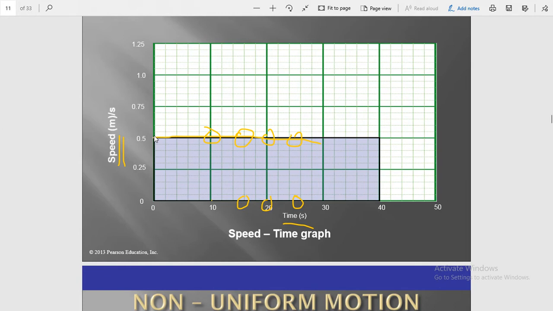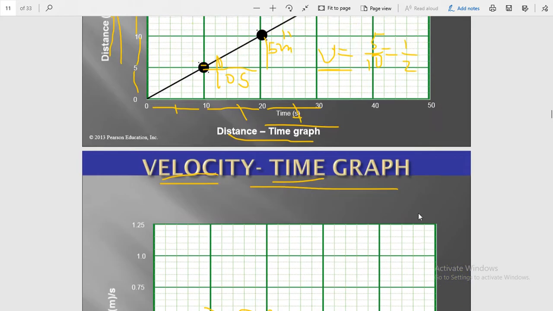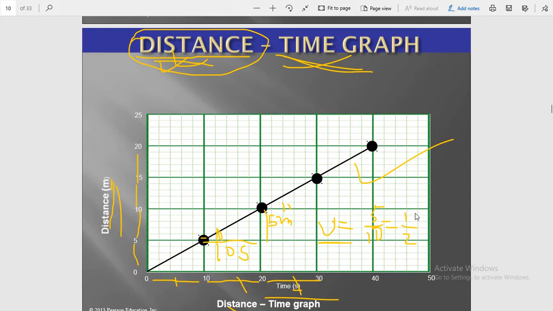It means the graph will be a straight line parallel to the time axis. Okay, so you can see this one is a graph for velocity time in uniform motion. Okay, so I hope you understand and you are getting my point.